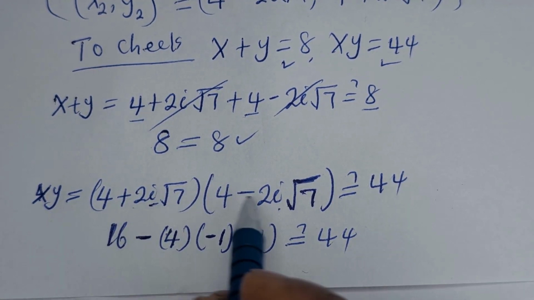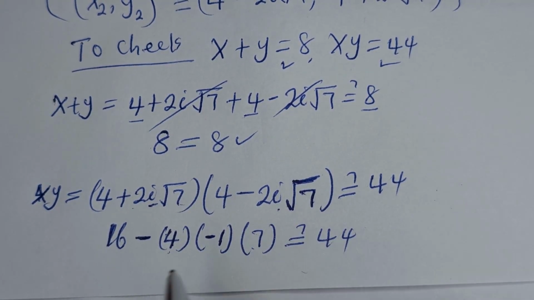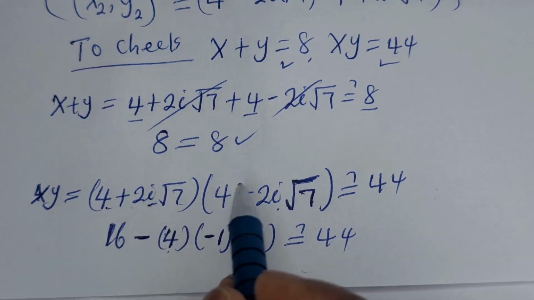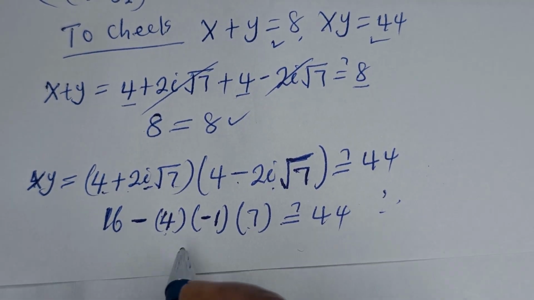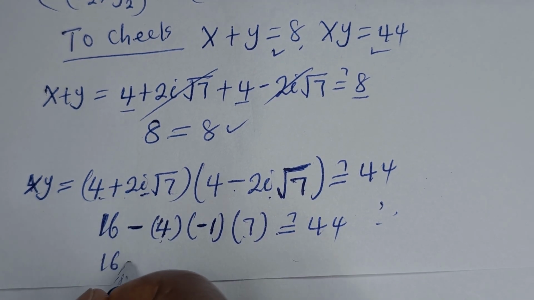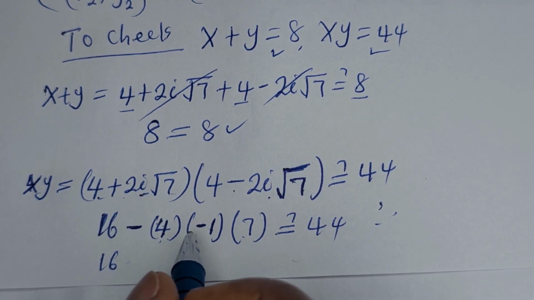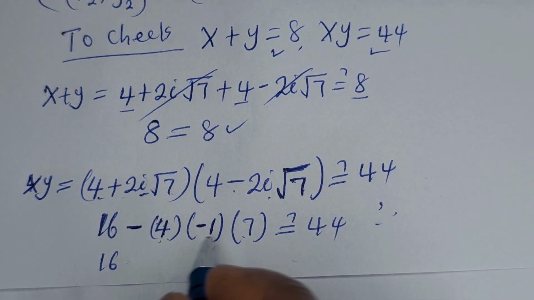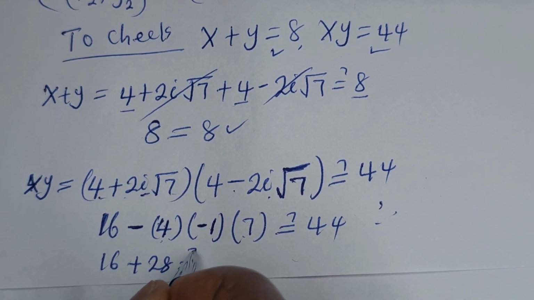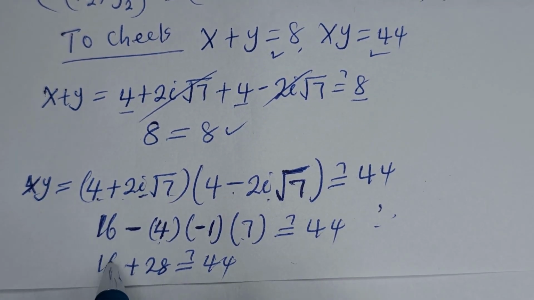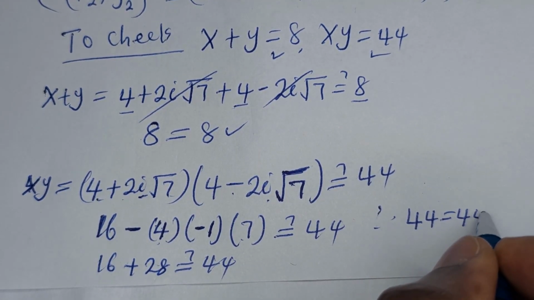Then we have 2 times 2 here is going to be 4, and then root 7 times root 7, that is 7. So 4 times 4 is 16. So therefore, we have here 16 minus 4 times minus 1, that is plus 4, times 7, that is 28, plus 28 must be equal to 44. Then 16 plus 28, this is 44, is equal to 44, which is true.